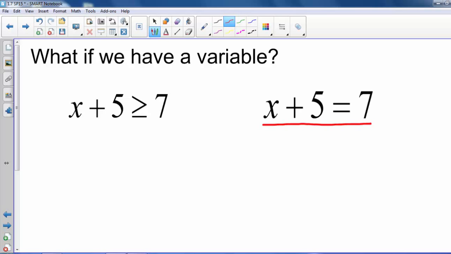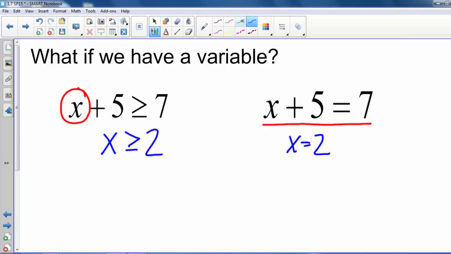We are asking for what values of x is this inequality true. So in the case of an equality, the solution is x equals 2, which is one number. However, in an inequality, this is true when x is greater than or equal to 2.